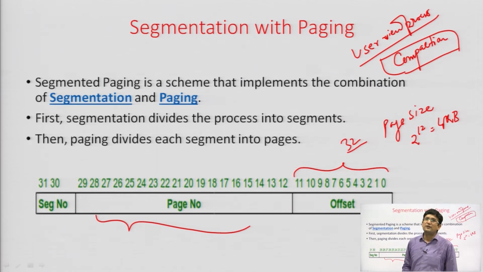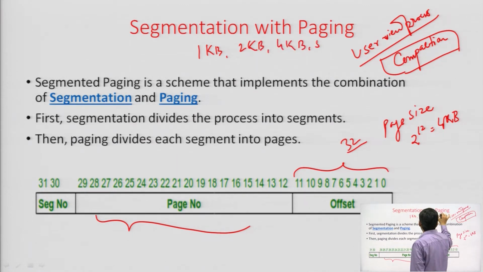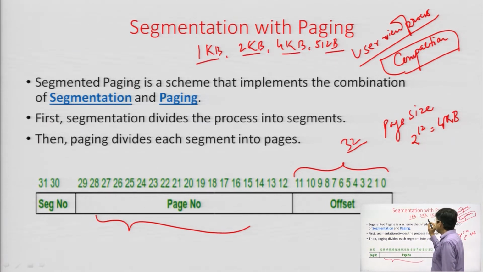The segments may be of different sizes, but we need to find out the maximum segment size. For example, let us say we have segments of 1 kilobyte, 2 kilobytes, 4 kilobytes and 512 bytes. So, these are let us say the 4 segments. Out of these 4 segments, you can see that the largest segment is this one.